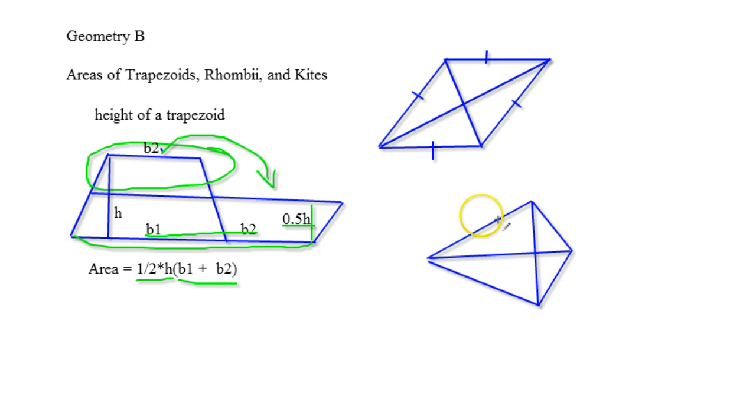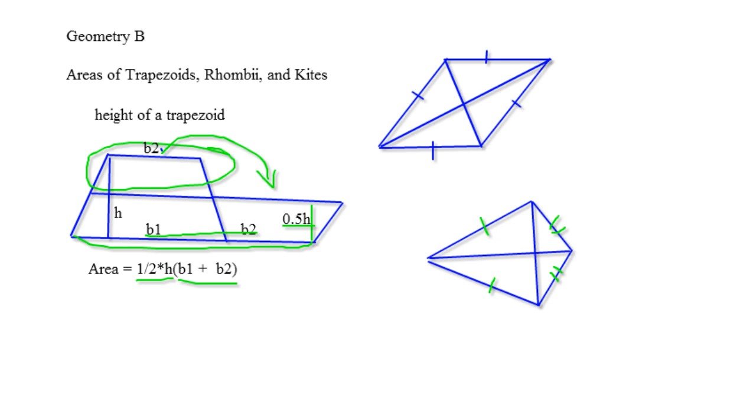Now the kite has consecutive sides that are congruent. Two pairs of consecutive sides are congruent, no more than that. And this one technically could be the same thing. So you could say a rhombus is actually a kite with all sides the same length.